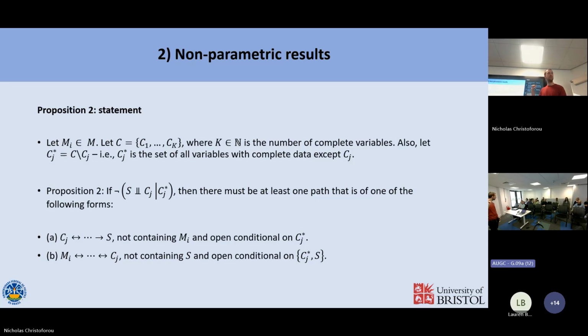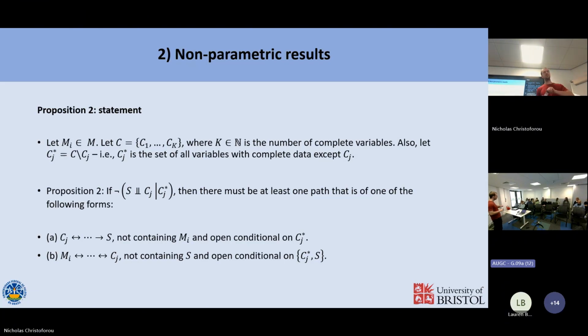And or I have B. B is just saying that I have a path between Mi and Cj, either pointing into Mi or out of Mi, pointing into Cj or out of Cj, that does not contain S and is open conditional on Cj star and S. This is not trivial, it's not obvious to see why this is true, but the proof is just slightly tedious. So that's why I have it in the slides at the end if you want to have a look. But for now, I'm just stating the proposition because I'm going to use it later.